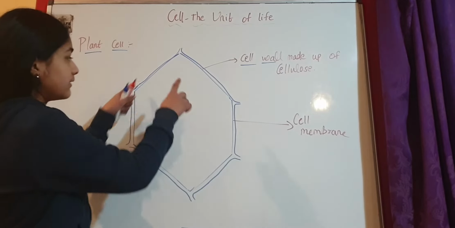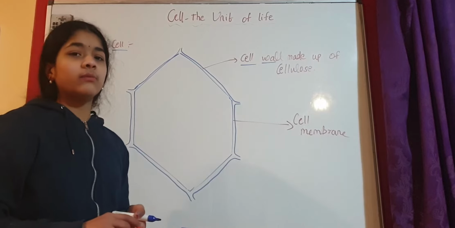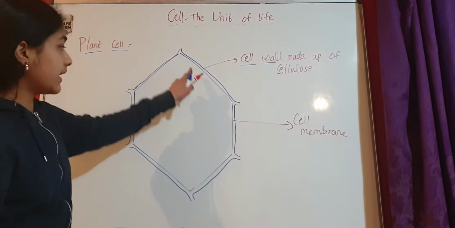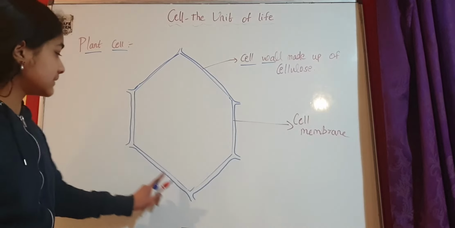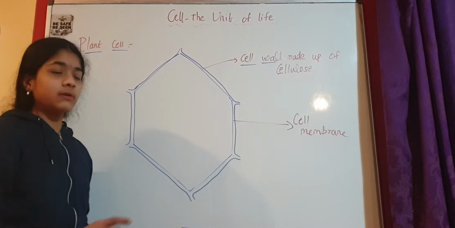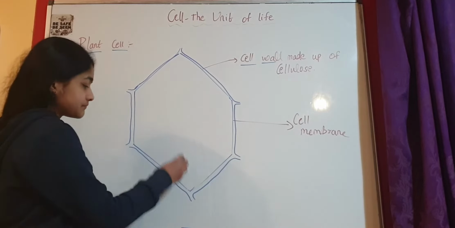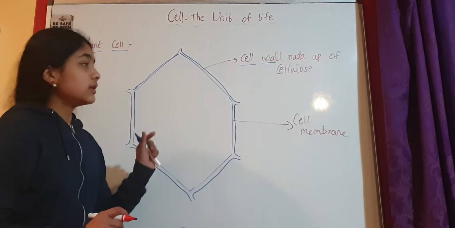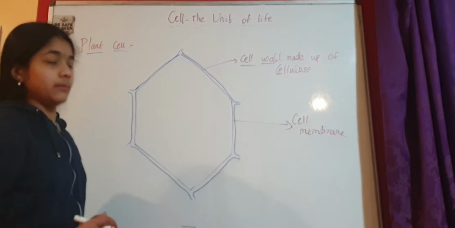An animal cell is somewhat irregular in shape, whereas a plant cell is more hexagonal, with 6 sides like this. This is because of the cell wall. Because the cell wall is very hard and rigid, we have this kind of structure. This is the cell wall and this is the cell membrane.